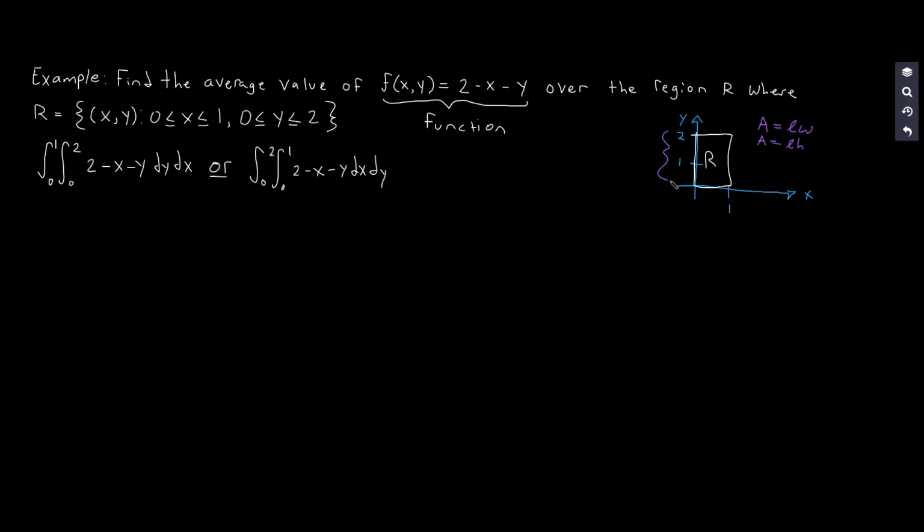If we say this is the height and this is the length, whatever you want to name it, it's going to be 2 times 1, and 2 times 1 is 2. And so that's our area. The area of R is 2.